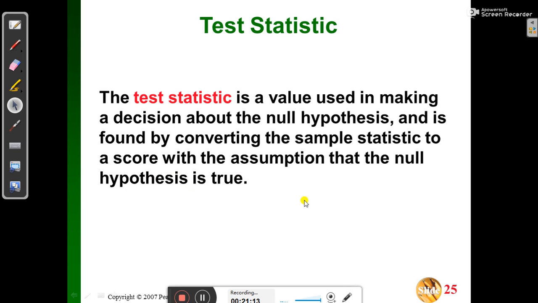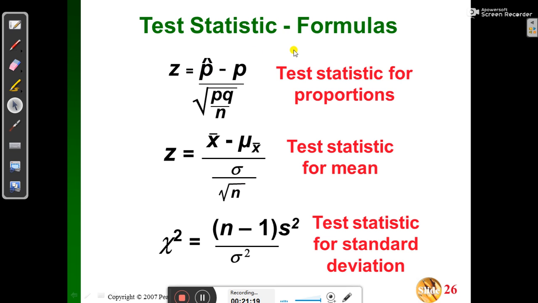Our main aim is to assume the null hypothesis to be true. There is a test statistic for proportion, a test statistic for mean, and a test statistic for standard deviation.